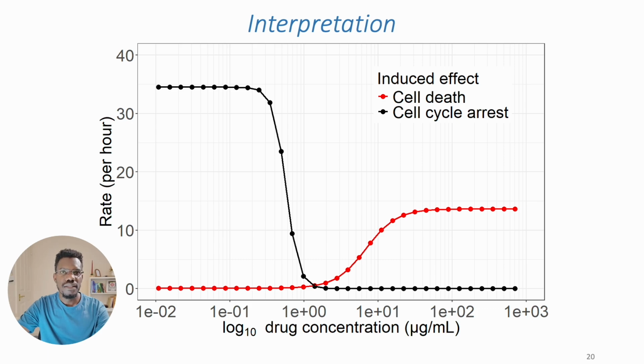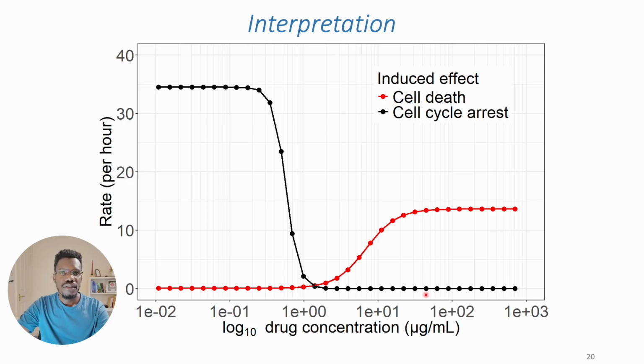This graph summarizes the concentration response relationships predicted by the best performing model. We can see that at lower concentrations, the cell cycle arrest dominates, becoming apparent at about 0.6 micrograms per milliliter, and then dropping to 0 very sharply.